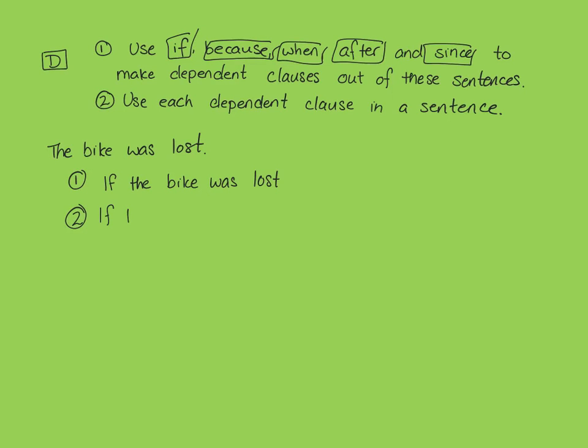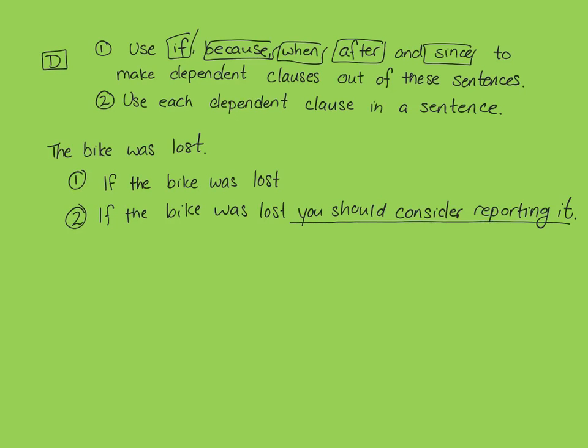So I could say, if the bike was lost, you should consider reporting it. And now it is a full sentence because I have, you should consider reporting it, which is an independent clause, and if the bike was lost, which is a dependent clause. So together they make a complete sentence.